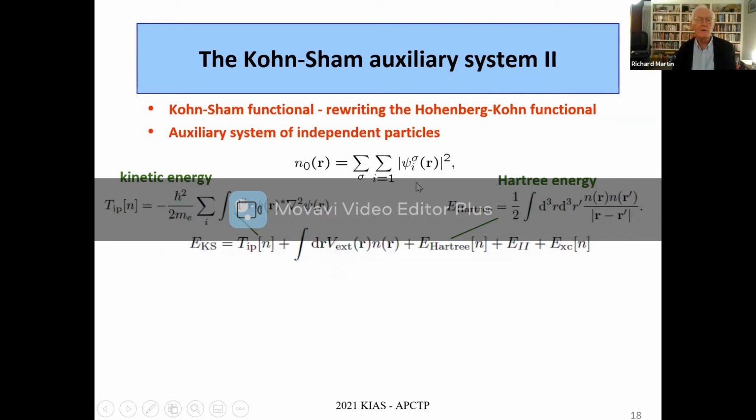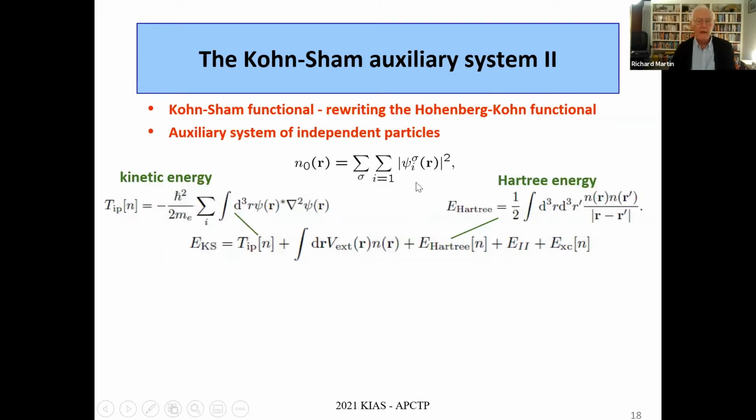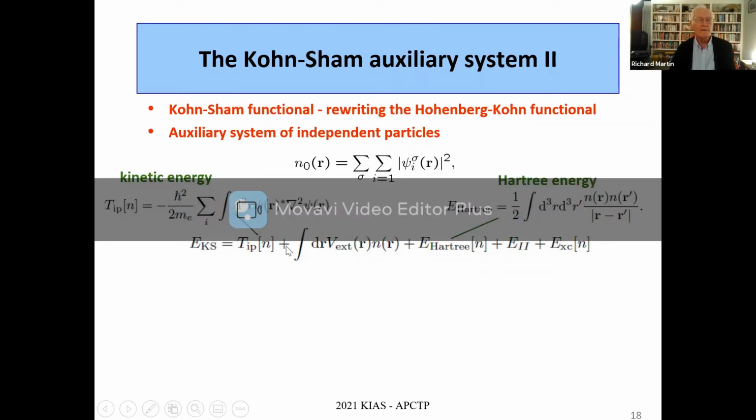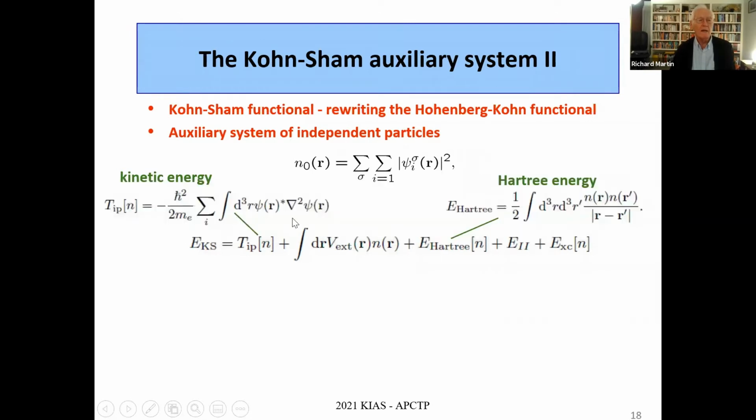So here's the actual formulation. Kohn and Sham rewrote the energy in a slightly different form from what Hohenberg and Kohn did. They considered the kinetic energy of independent particles, which is the particles in their auxiliary system, which is easy to evaluate in terms of the wave functions of the auxiliary particles.